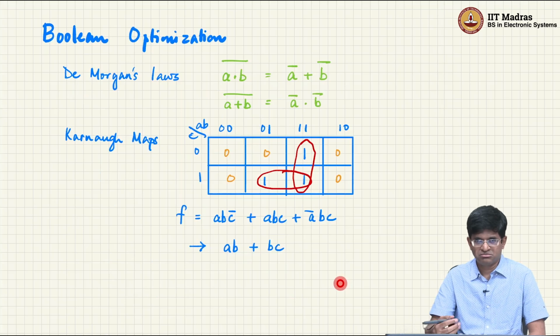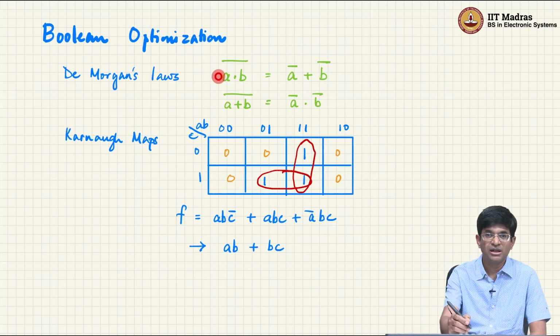Alright, now continuing on our recap, one of the other things that you would have come across is the notion of Boolean optimization. What we do over there is we say that there are certain laws that these Boolean expressions follow, such as the famous De Morgan's laws, which basically says something like if I have an AND and an inversion of the AND, I can basically invert the inputs and OR them together.